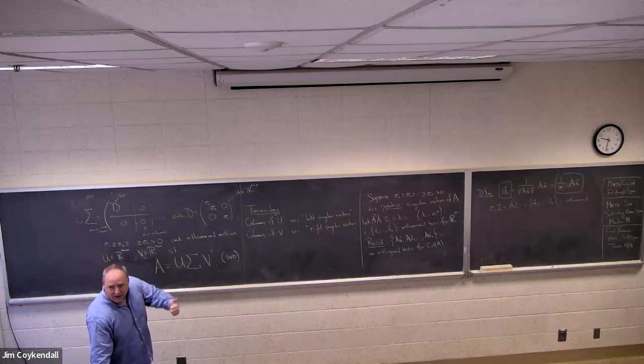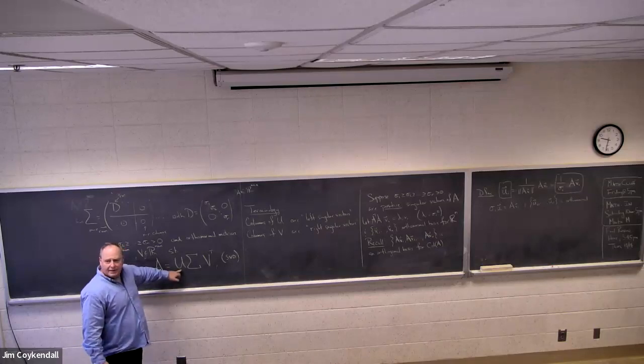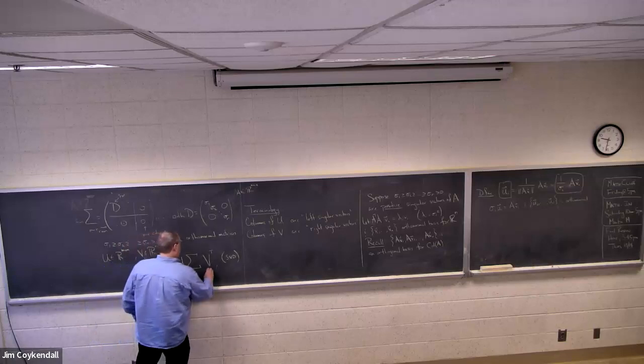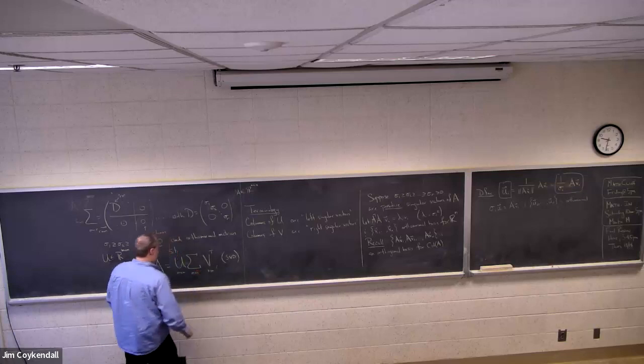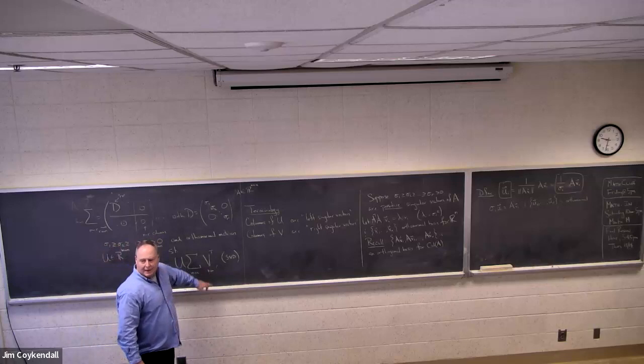Agree? I can build the sigma now. How big does U have to be? This has to be m by m, and this has to be n by n.